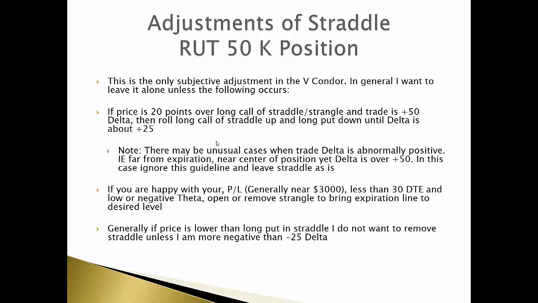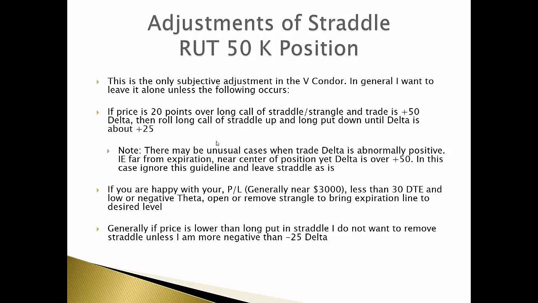If it's 20 points over that and the trade delta, remember we had a maximum trade delta of plus 50, is plus 50, then I'm going to either roll the long call of the straddle up and the long put down until the delta is about 25, or I may have to remove it. When I look at it, it might be better to remove it, because I might be in a situation where if I roll it up, I'm not going to make any money, right? So I might just remove it completely.